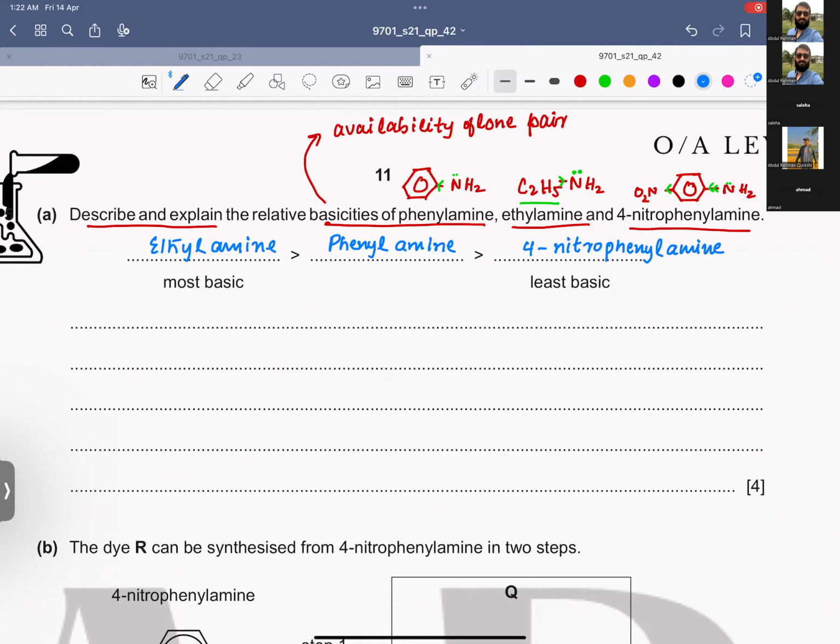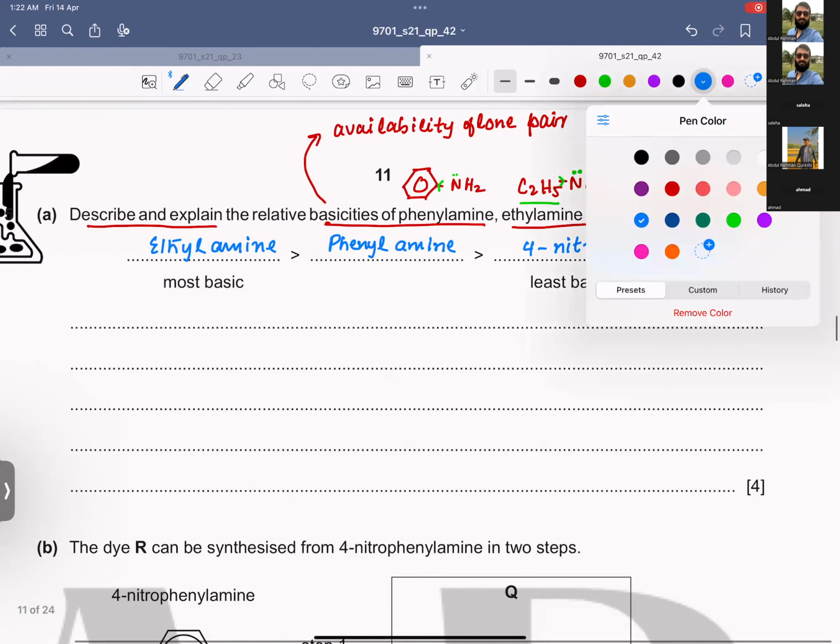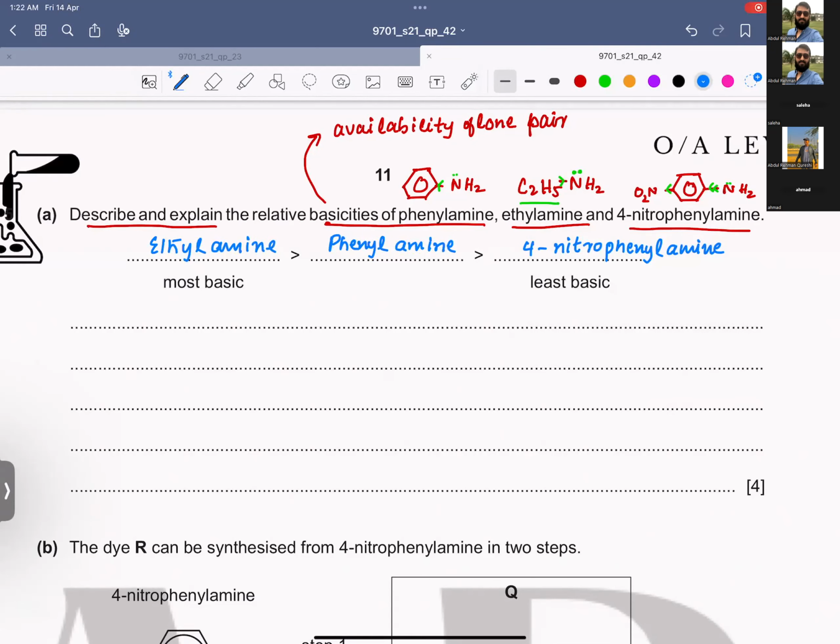Yes, is this clear for everyone? So it's for 4 marks.